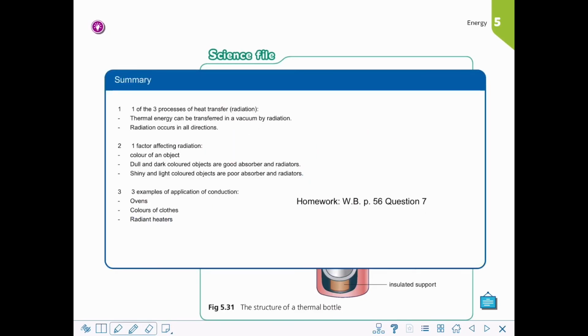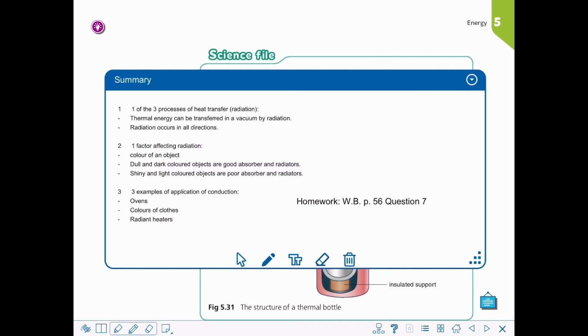Summary. We have learned one of the 3 processes of heat transfer, that is radiation. Thermal energy can be transferred in a vacuum by radiation. Radiation occurs in all directions. One factor affecting radiation: color of an object.